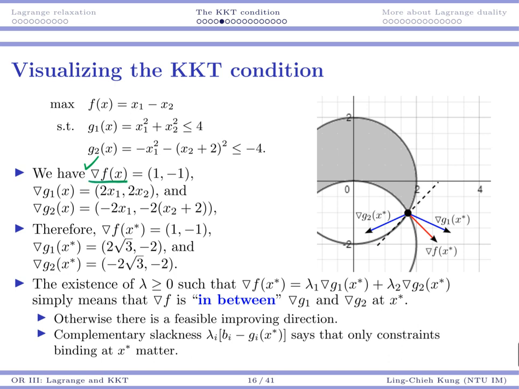Gradient f is 1, negative 1, okay? I hope this is not too difficult for you. Differentiate f with respect to x1, differentiate f with respect to x2, okay? So it has nothing to do with your x, it's always 1, negative 1. You always want to move along this direction to improve your objective function, okay?